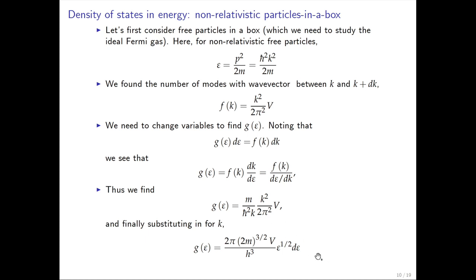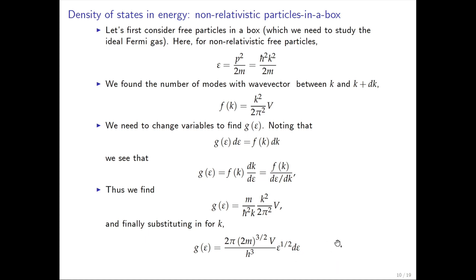when we arrange terms in a more convenient way. And so the main thing to notice here is that the density of states in energy goes like the square root of energy, right? So it goes as epsilon to the power 1/2, and it has this constant out front. So this is just a constant, but it's still proportional to the volume.